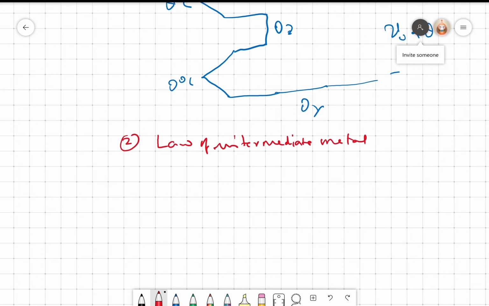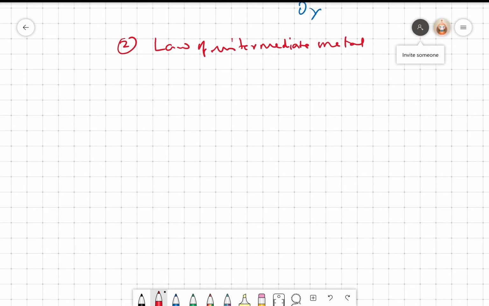The law of intermediate metal states that if I introduce a metal, instead of making a junction like this, I introduce another material.